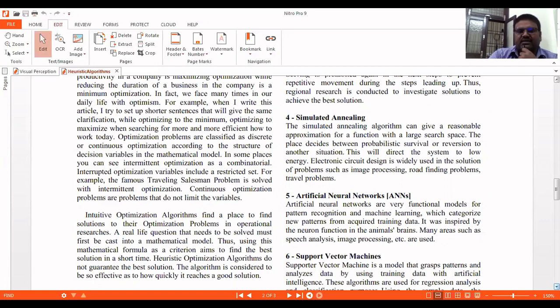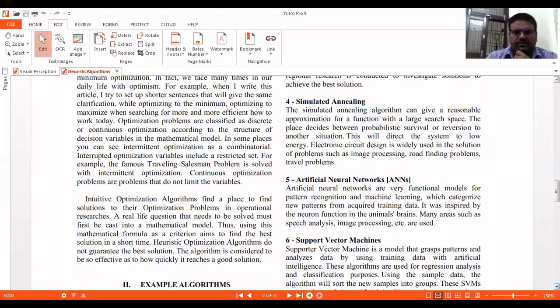Heuristic optimization algorithms do not guarantee the best solution. The algorithm is considered effective if it quickly reaches a good solution.